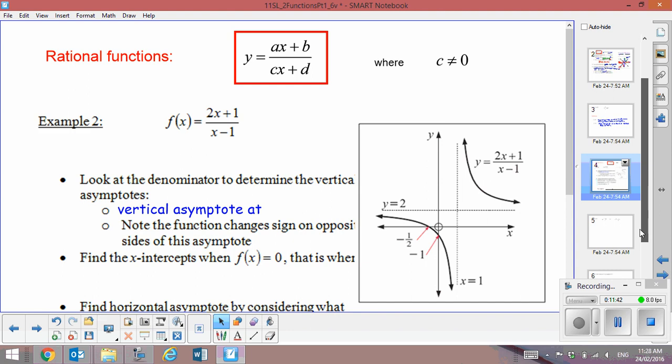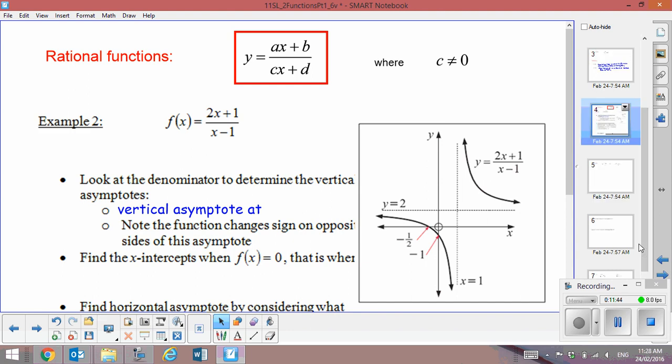Now let's look at something a little bit more complicated. So these rational functions are not just 1 over x, but we've got a binomial on top and on the bottom, in the numerator and the denominator. Again, you will remember from the domain and range section that you look at your denominator to find where that equals 0, then x is equal to 1.